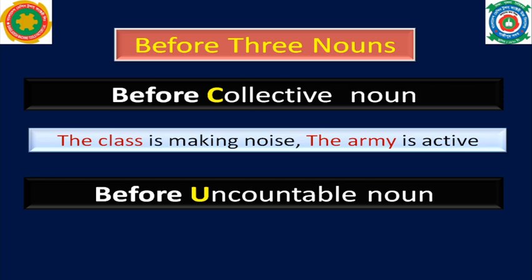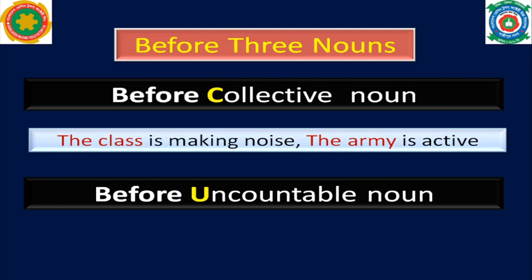So class consists of all the students together. That means it refers to the class in singular form, right? So all things are together in a group. The class is making noise. So before collective noun you have to use the. The army is active. In the same way army is a collective noun, you have to use the.